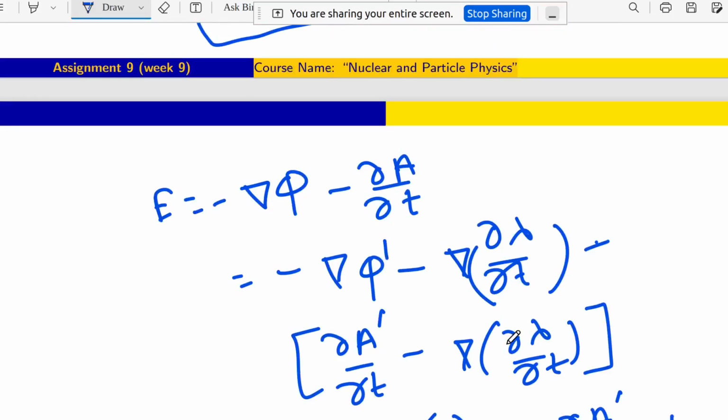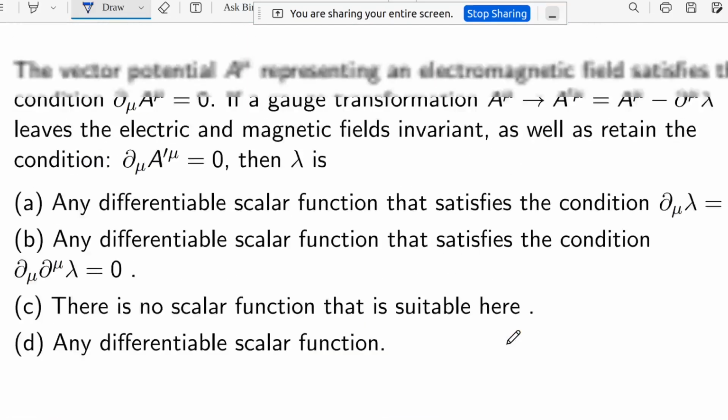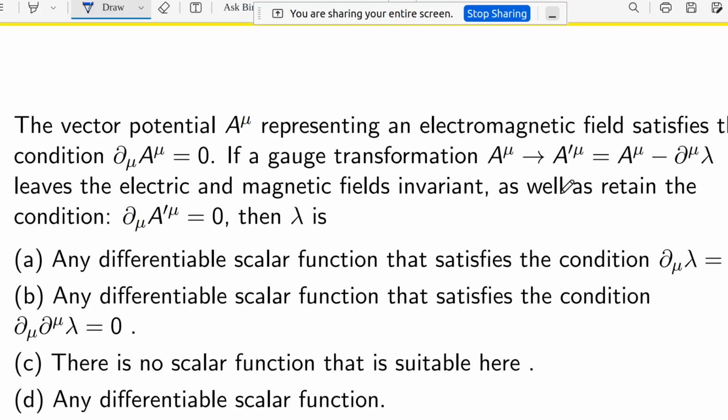Now coming to the second question. Yeah, this is the second question. The vector potential A mu representing an electromagnetic field satisfies the condition del mu A mu equals 0. If a gauge transformation A mu goes to A mu prime as A mu minus del mu lambda leaves the electromagnetic fields invariant as well as retains the condition del mu A mu prime equals 0, then lambda is what?